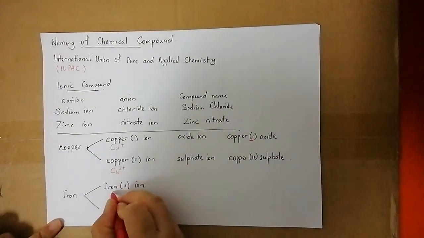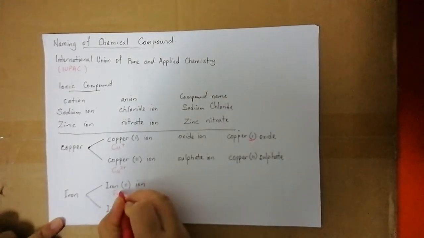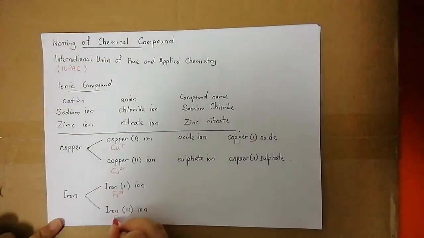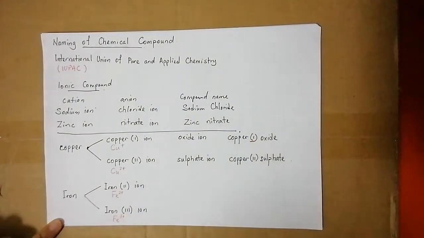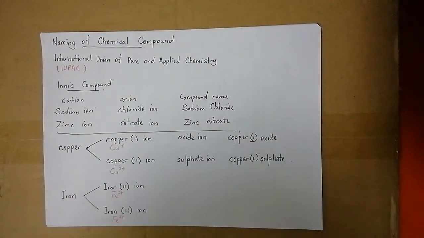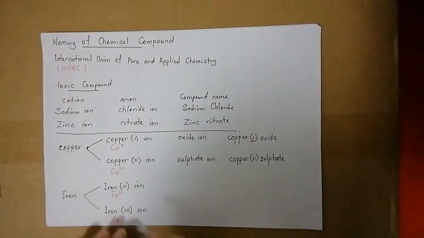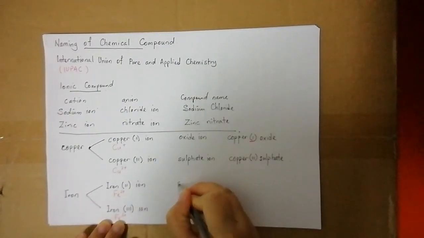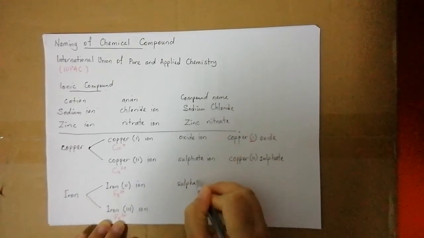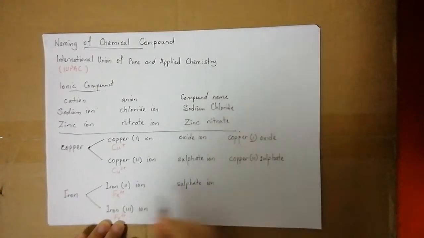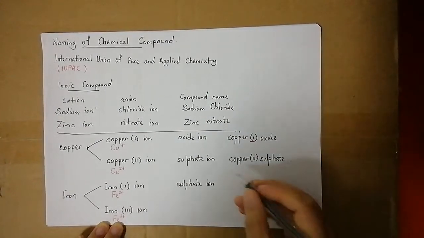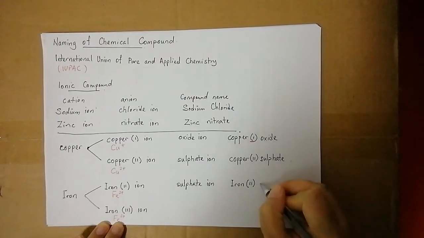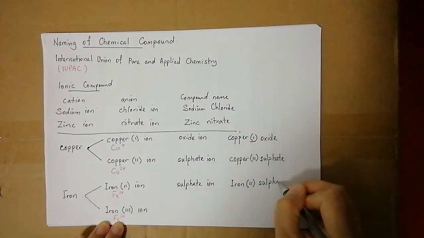The 2 in iron(II) stands for Fe2+, whereas iron(III) ion is Fe3+. So when we combine, let's say iron(II) ion with sulfate ion, we have iron(II) sulfate.